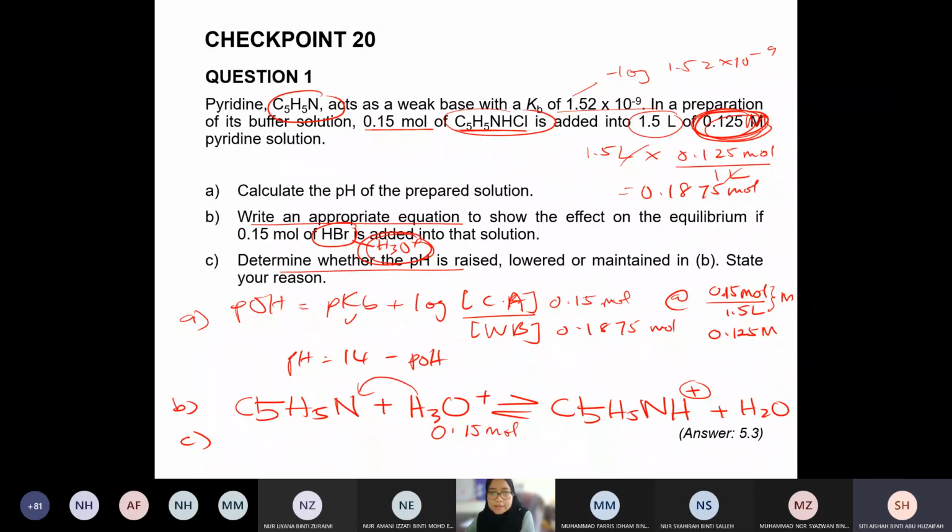H3O plus kan? Ya. Berapa pyridine yang ada dalam tu? 0.12. This one kan? 0.1875 betul tak? Is it? Betul ke? Ya, betul. So, apa jawapannya?